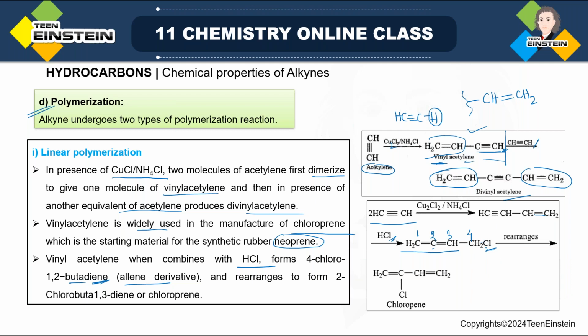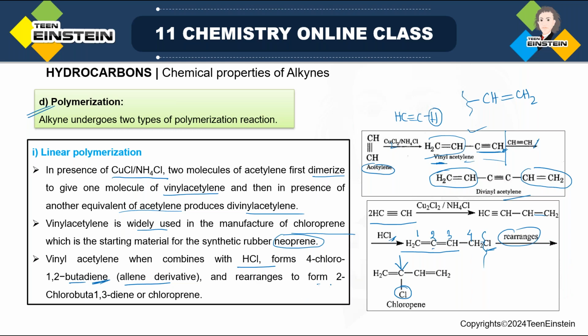So what is happening here? As if this C-Cl bond is broken, and this double bond is also shifted to the terminal position, and now the chlorine is at this carbon. So why are we calling it rearrangement? Because the number of atoms we are not changing, only the position of these atoms is changing. So that is why it is rearrangement.